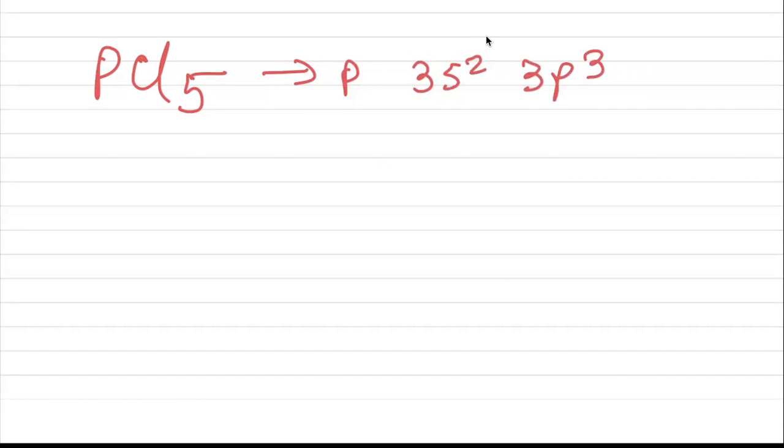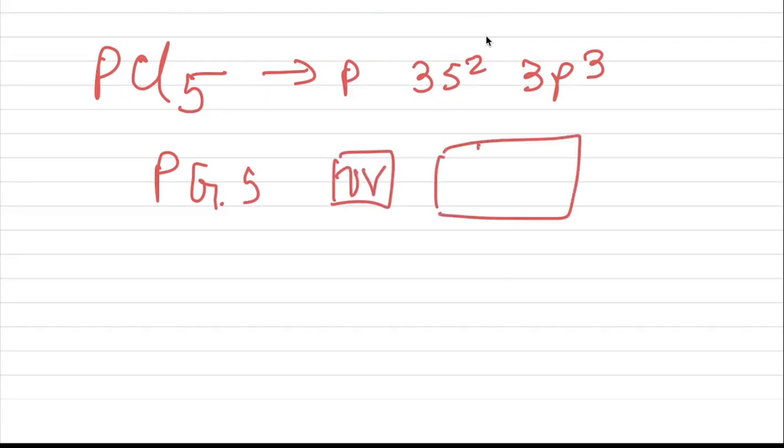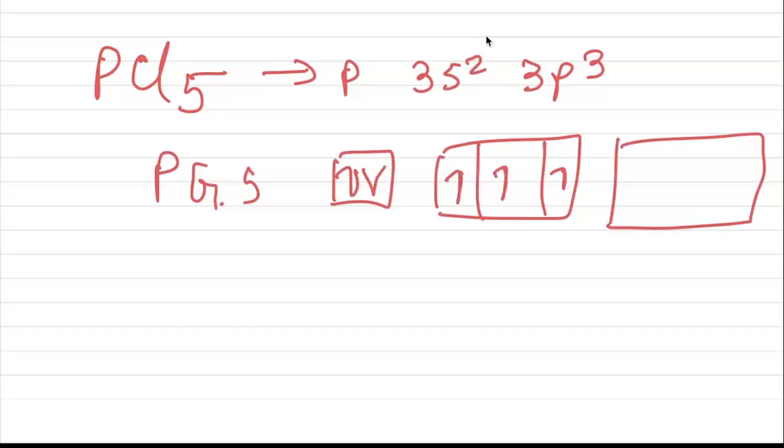Here we take n equals 3, because 2s and 2p orbitals cannot form sp3d, as d orbitals are not present over there. So phosphorus in the ground state has the electronic configuration like this, and the d orbitals remain vacant.